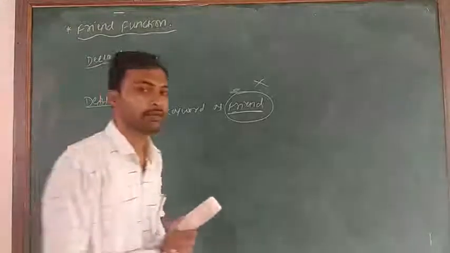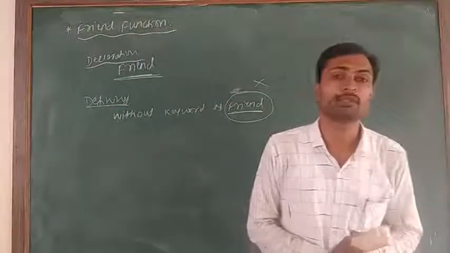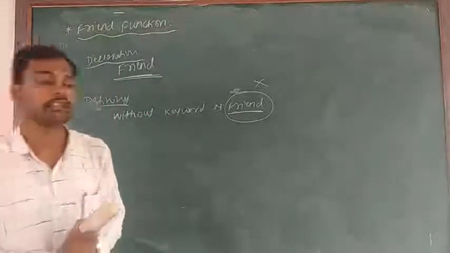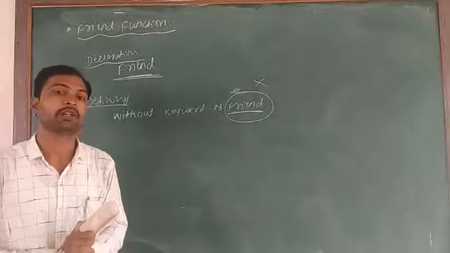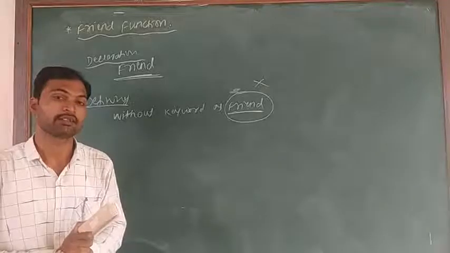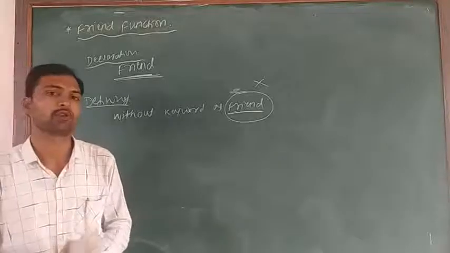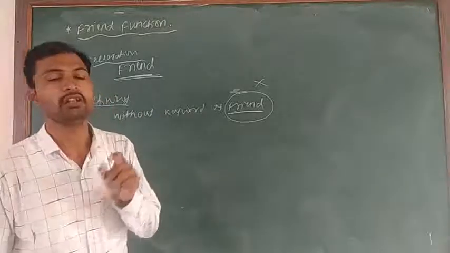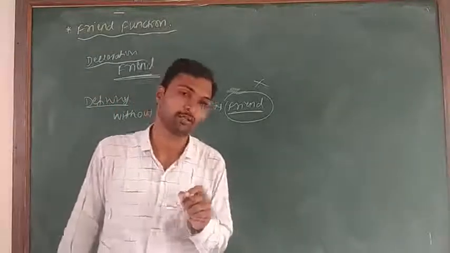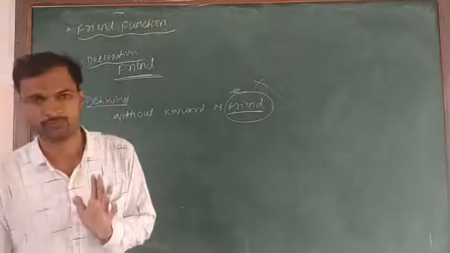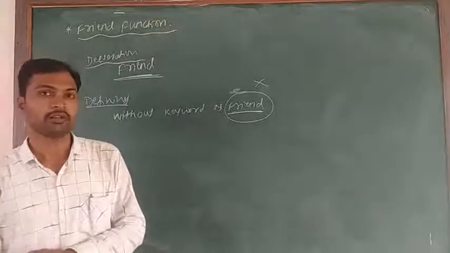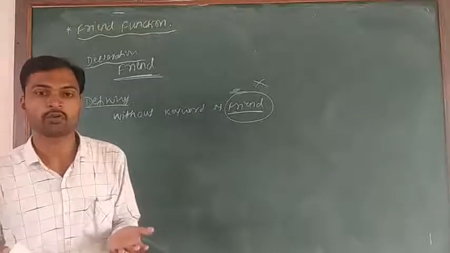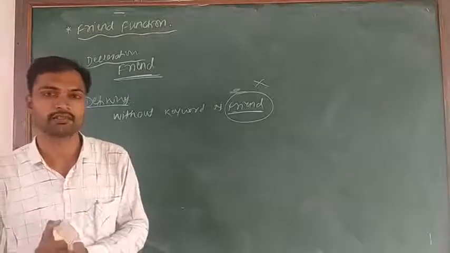So this is the friend function definition. When is a friend function necessary? When private and protected data members need to be accessed outside the class, we have to use a friend function, because only using the friend function can we do that. One more situation is when it is necessary to share common code among the classes.